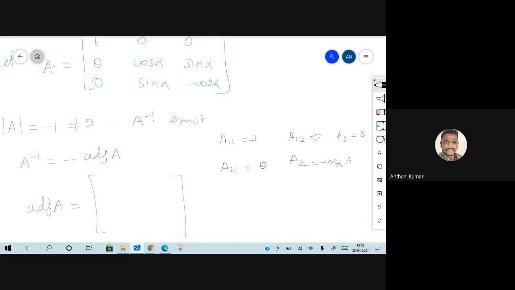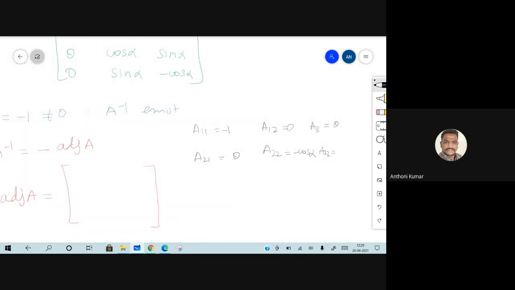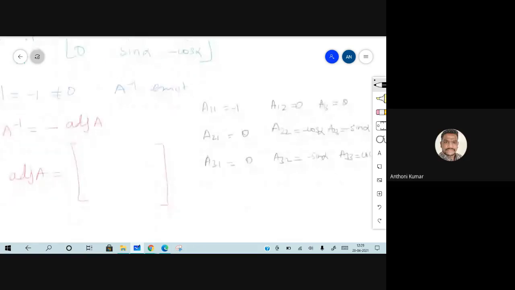Then A23 is minus sin alpha, that's minus sin alpha, na? Then A31 is 0, A32 will be equal to minus sin alpha, then A33 is cos alpha.